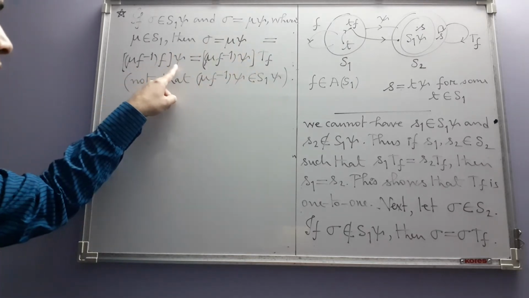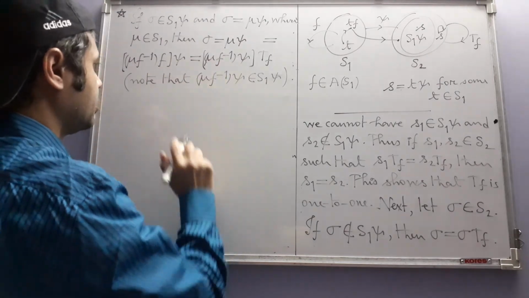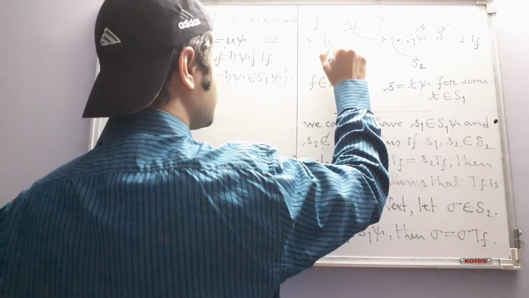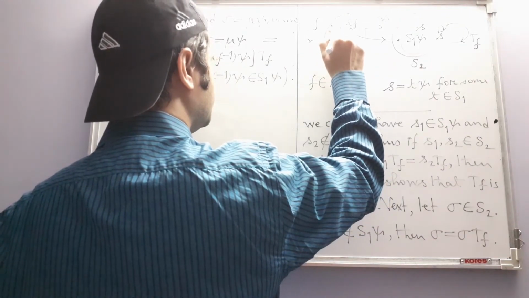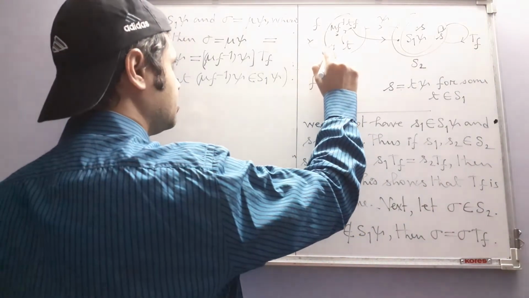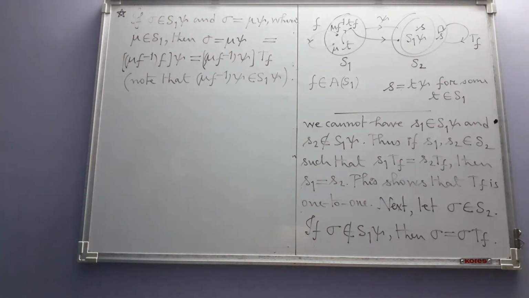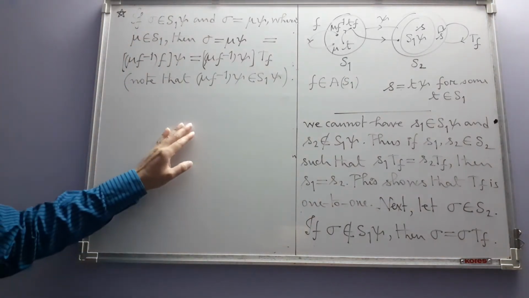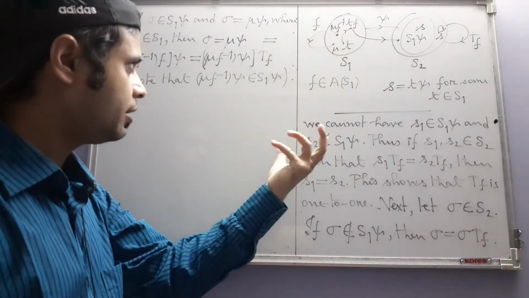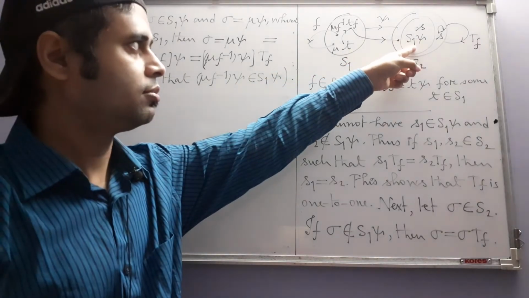This step is okay. Now in this step, from here to here, we note just simply this. We have some mu F inverse in S1, and that has been mapped onto mu by F. Since mu F inverse is in S1, its psi image is in the psi image of S1.